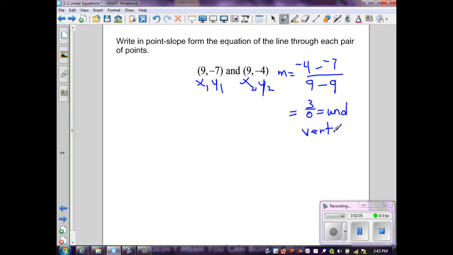And I know a line that is vertical on a coordinate plane must only intersect the x-axis. So if I substituted this into my point slope formula, I'd have y minus y1 equals m times x minus x1.